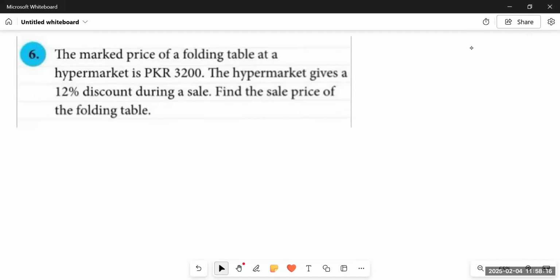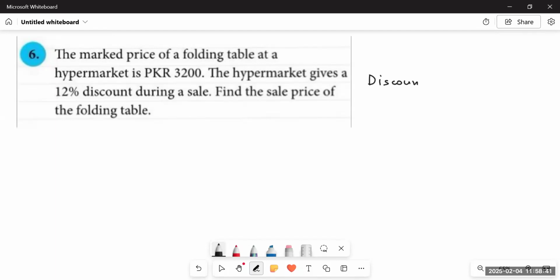We have already learned that whenever the original cost, original price, original figure is given along with a percentage of any of the part, we can simply find out that particular part by multiplying the original cost with that particular percentage. We have already learned it so many times. So it's time to apply the formula. If we have to find out the discount, we can easily find the discount.